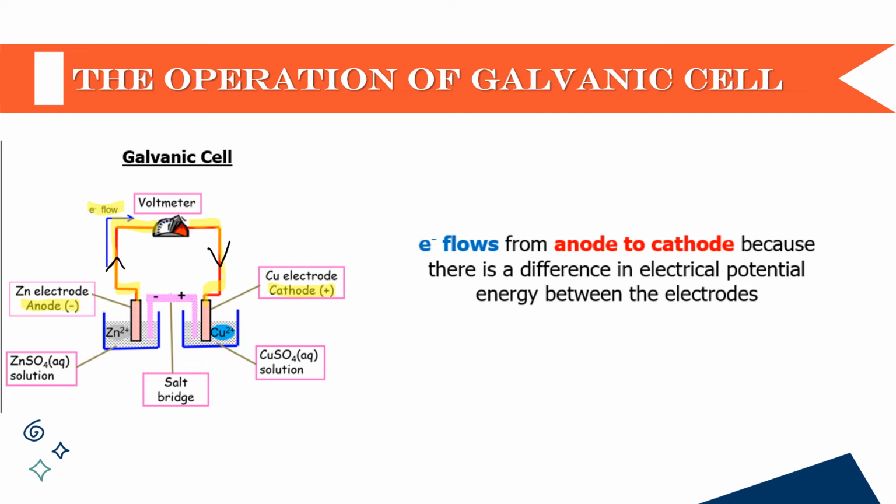That's why the electrons can flow. And that difference in electrical energy will be shown on this voltmeter, so it will give us how many volts of electrons have flowed.